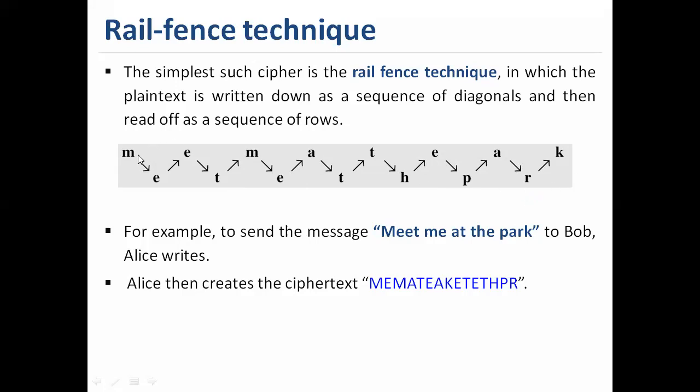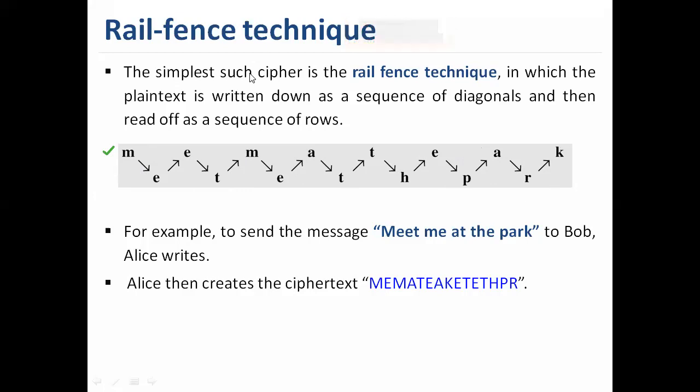That is, we separate the plain text in a diagonal way. To make the cipher, we collect the first row as it appears. We will take this whole row.